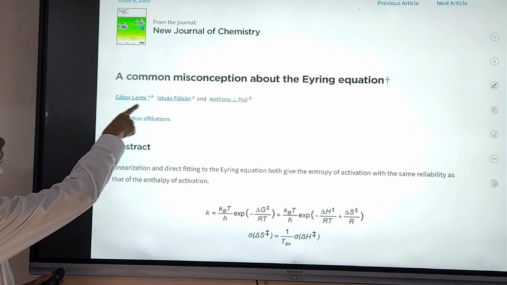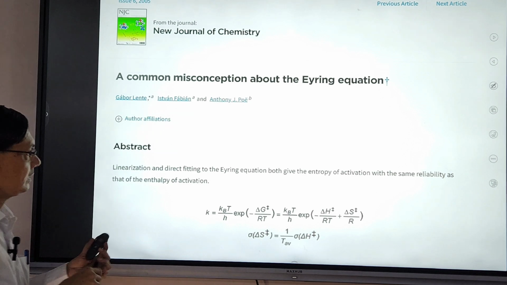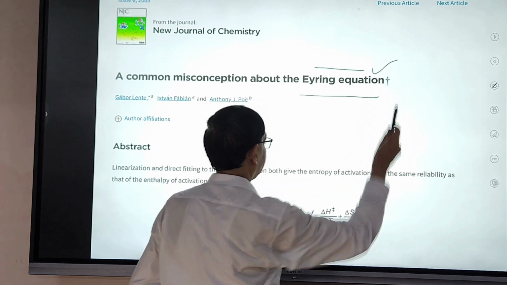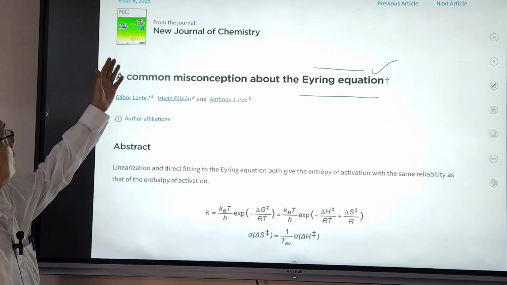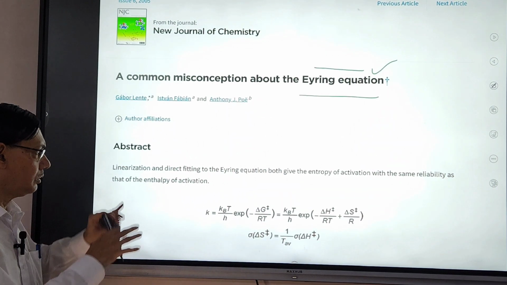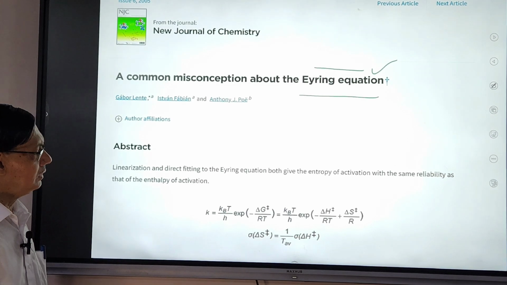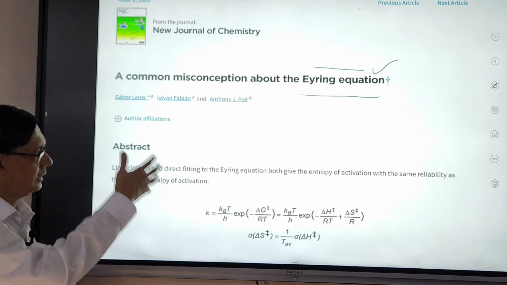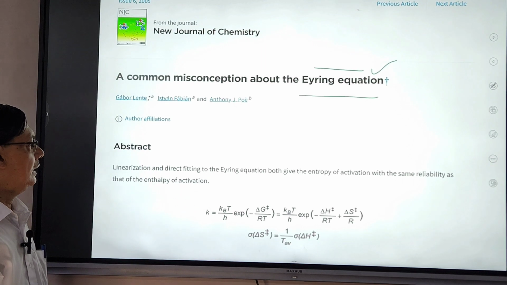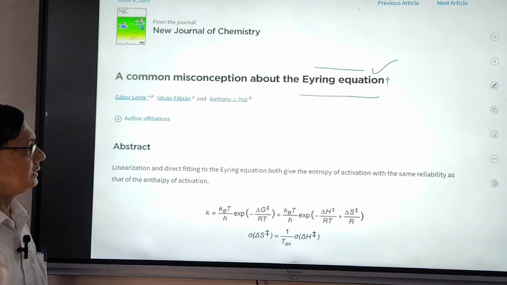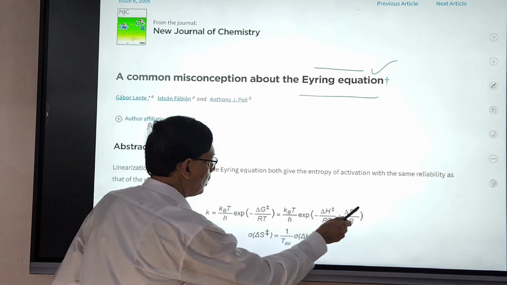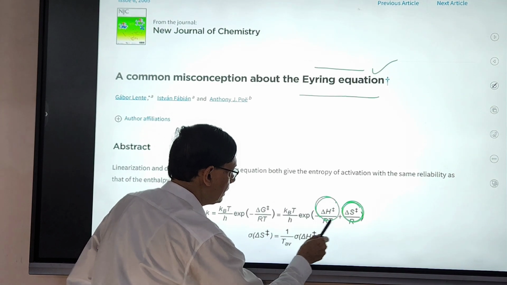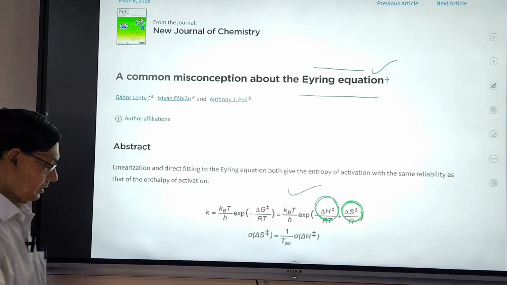There is a common misconception about the Eyring equation, published in the New Journal of Chemistry of the Royal Society of Chemistry. Don't worry about this; I will explain it very simply. It is a graphical representation by which we can calculate the entropy of activation as well as the enthalpy of activation.